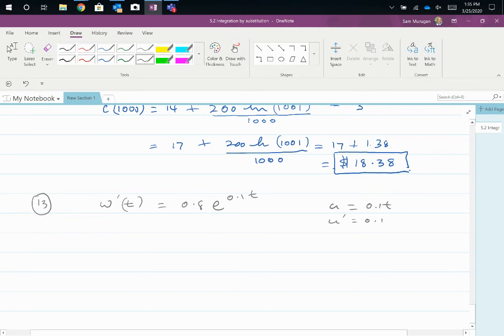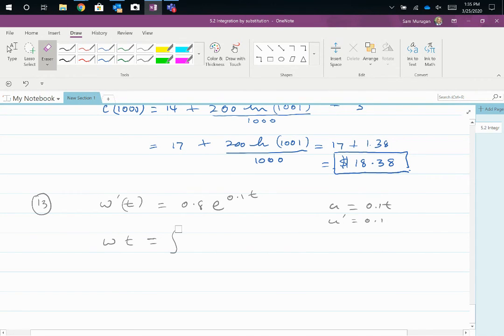In order to manufacture that 0.1, W(t) would be the integral.